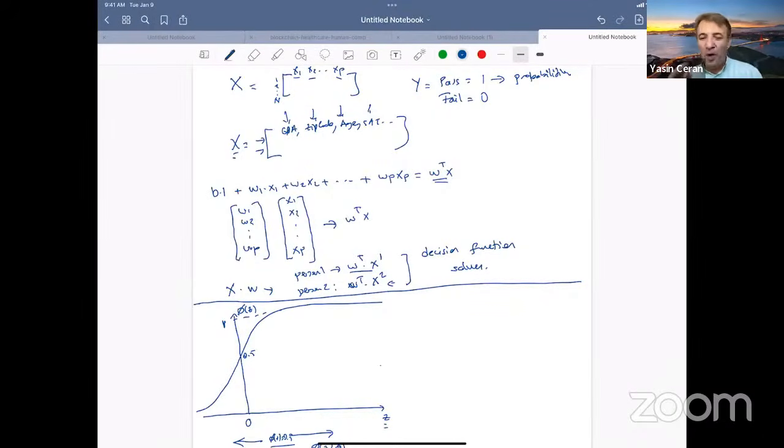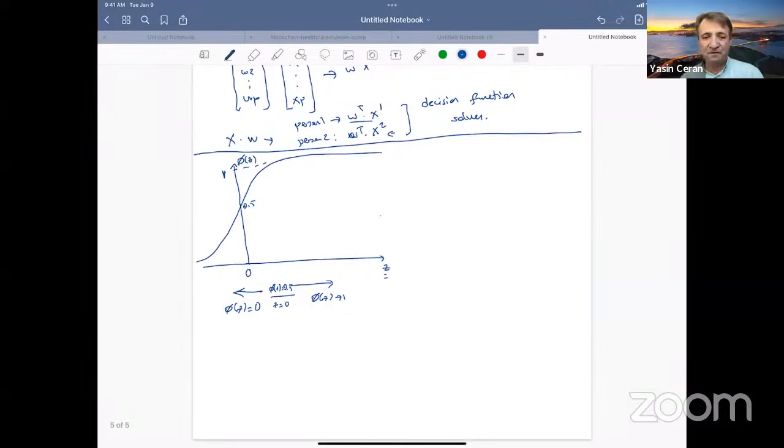If P1 for the first student is very high, then my decision will be pass. So it would be very nice to have probability values between 0 and 1. If the probability is getting closer to 1, my decision will be pass. If it is getting closer to 0, my decision will be fail. This is what I'm trying to predict.